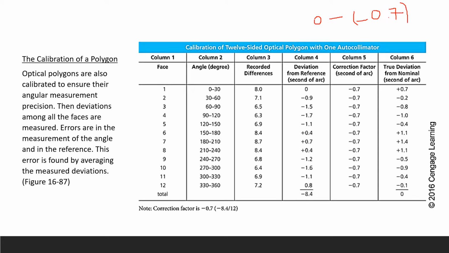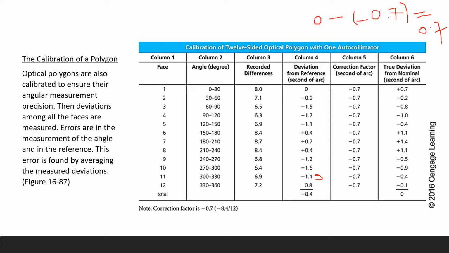Because this table reverses column 4 and 5, it's a little bit difficult to see. Usually this one is on the side. Anyway, it's okay. So deviation from reference minus correction factor. They are all in seconds here, with the unit little s, if you want to write it like that.